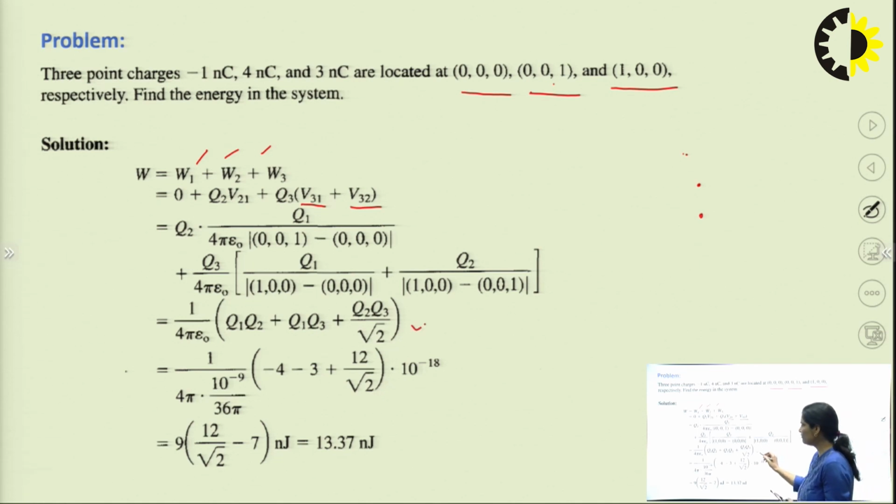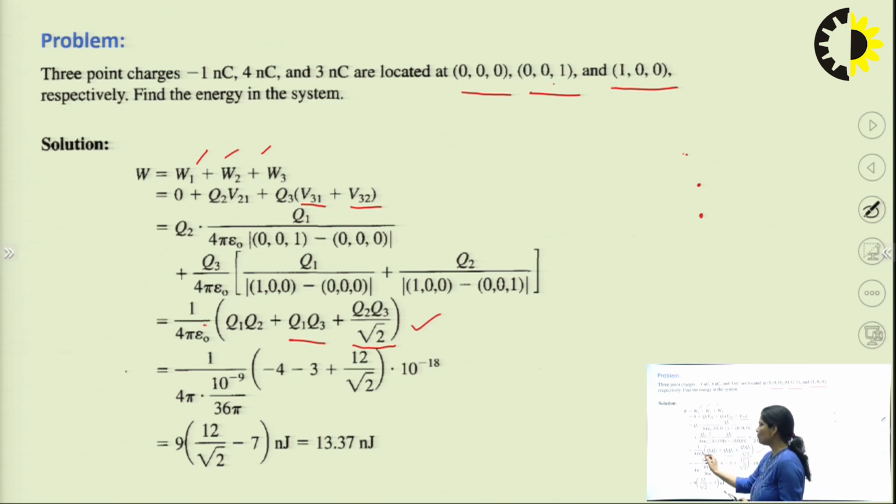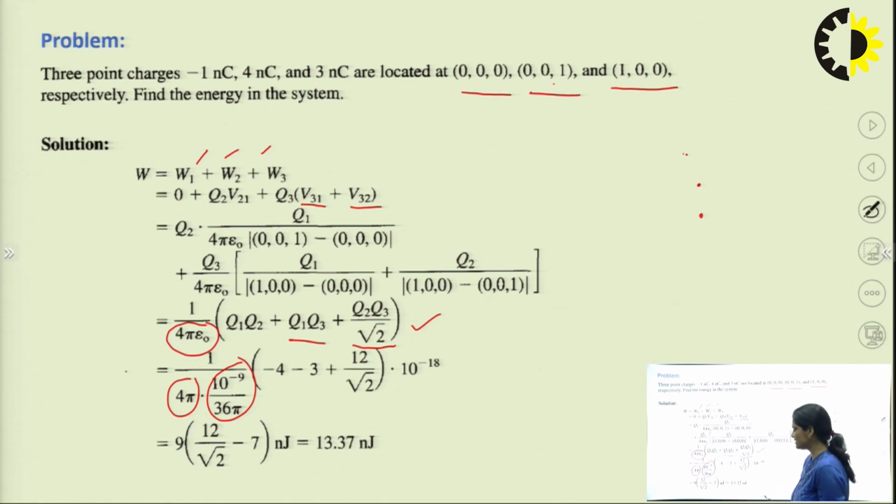So find out the value for all these charges, and you will get 1 upon 4 pi epsilon naught times Q1 Q2 plus Q1 Q3 for the second one, and for the third one Q2 Q3. When you multiply, Q2 Q3 upon under root 2. Now put the value of 1 upon 4 pi epsilon naught: 4 pi is there, and epsilon is 10 to the power minus 9 upon 36 pi.